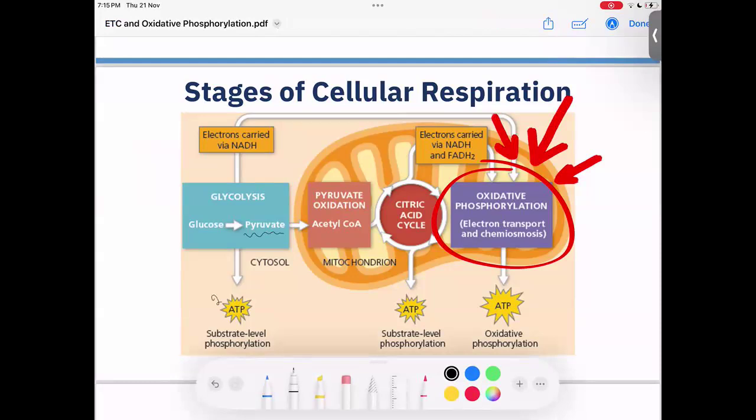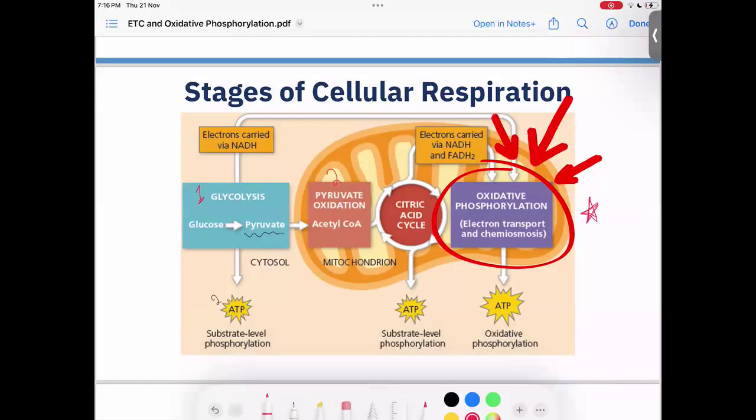This is the first process in cellular respiration, which I believe you've already covered. Number 2 is when we produce acetyl-CoA from the pyruvate molecule. Then we go through the citric acid cycle, also known as the TCA cycle. And then eventually we reach our point today, the oxidative phosphorylation.